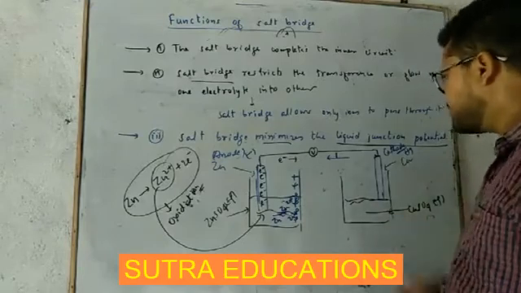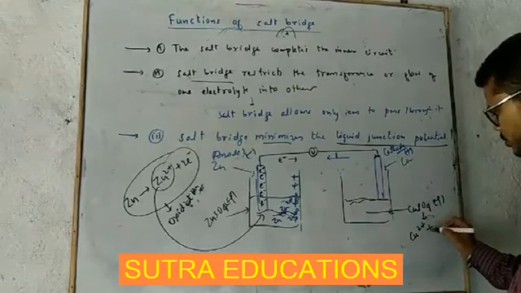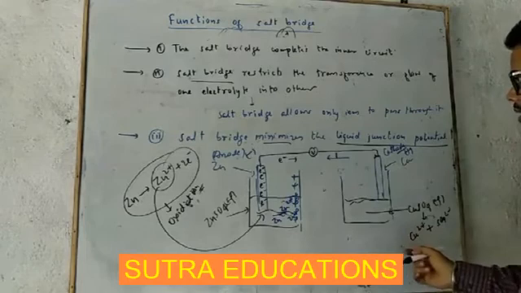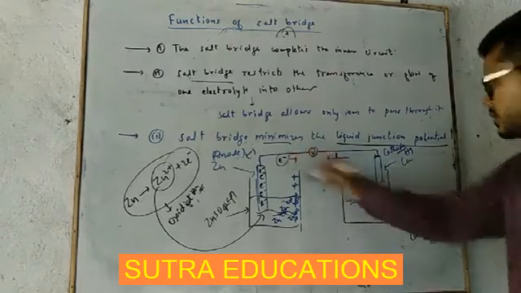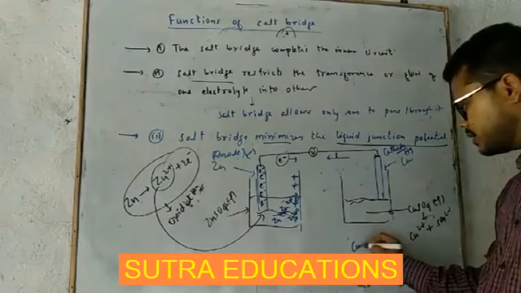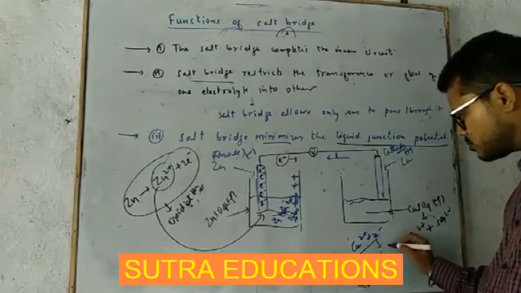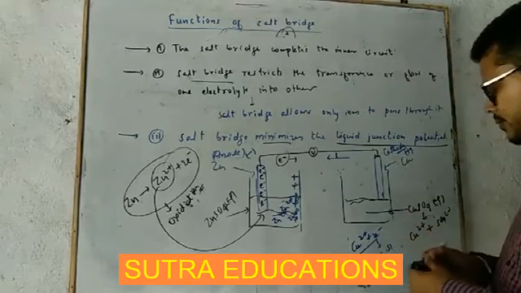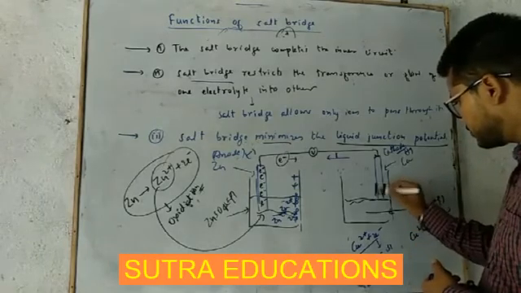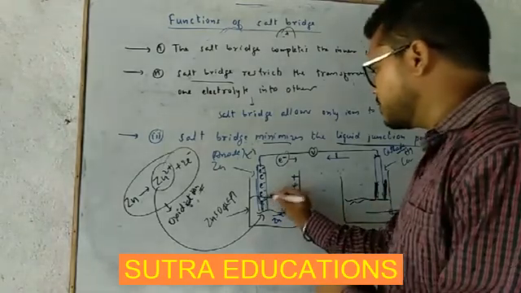And what will happen here? I told you this is CuSO4. So CuSO4 will break as Cu2+ and SO4 2-, and the electron which is coming here will be accepted by this Cu2+, and it will become Cu solid, Cu2+ plus 2 electrons gives Cu. In this way, I told you here its weight will be increasing and its weight will be decreasing.